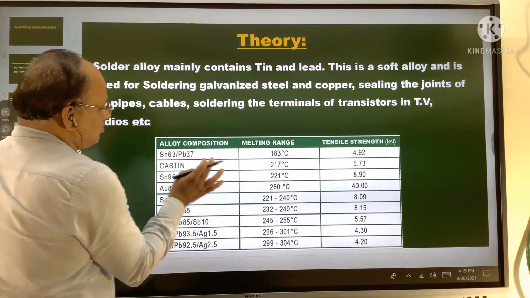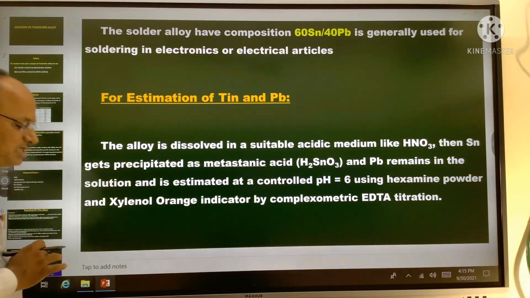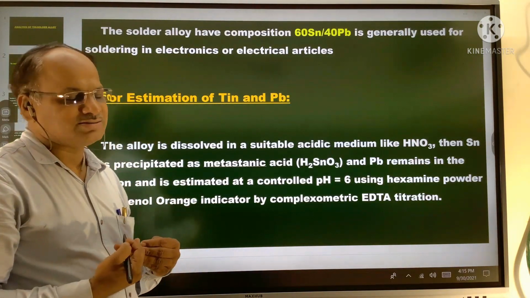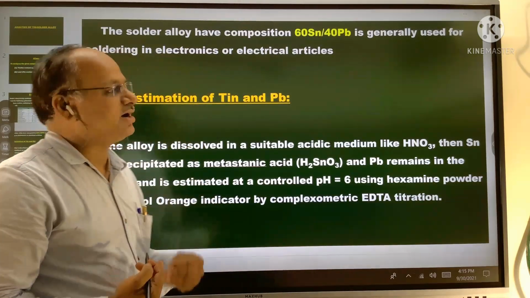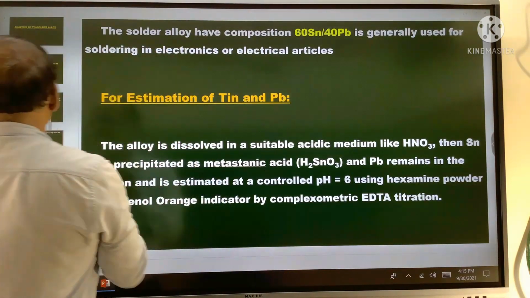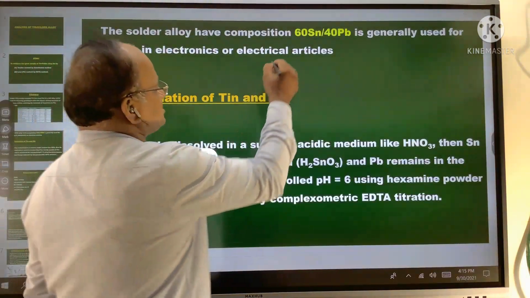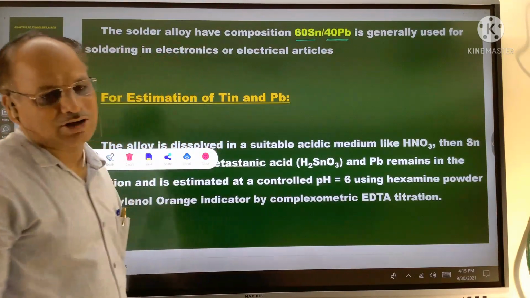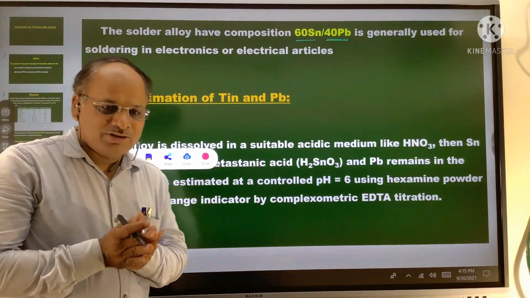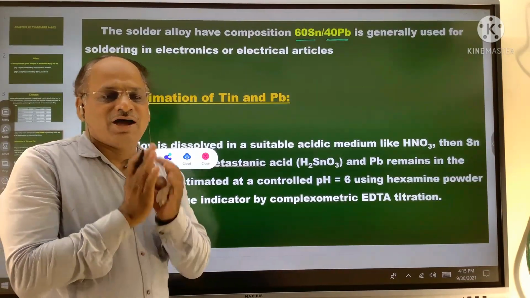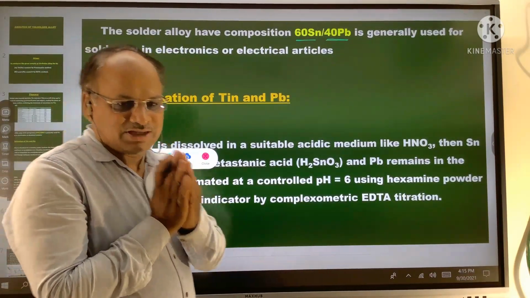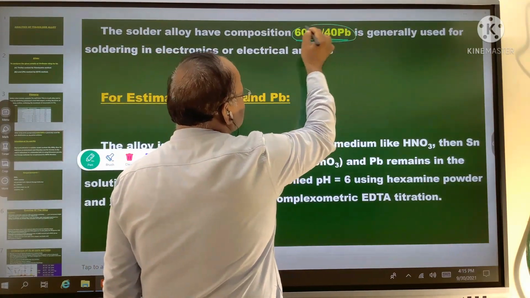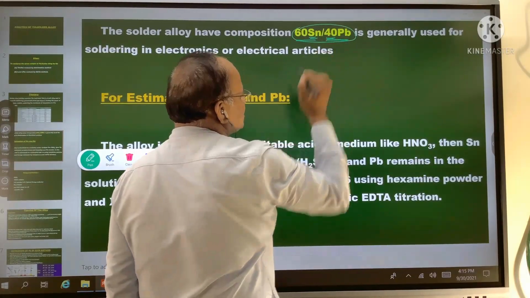Generally for the soldering of electronic wires or electrical articles, you always use 60% tin and 40% lead tin solder alloy, and therefore in your practicals you are always given the tin solder alloy having the composition nearly 60% tin and 40% lead.